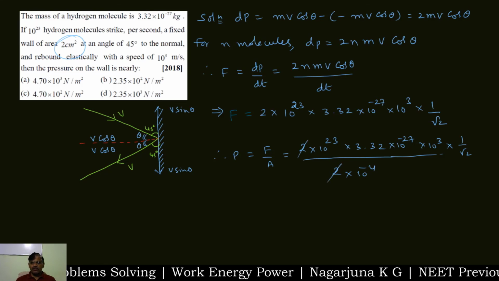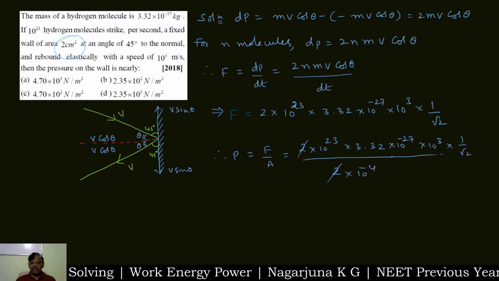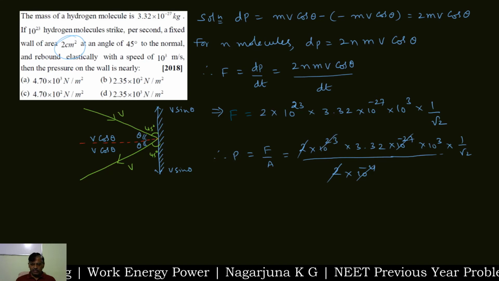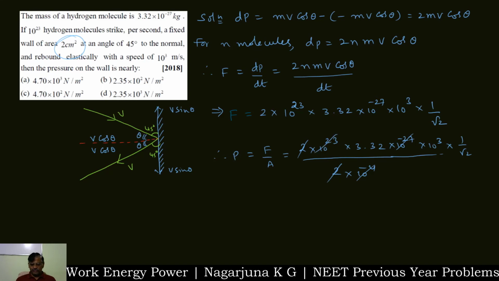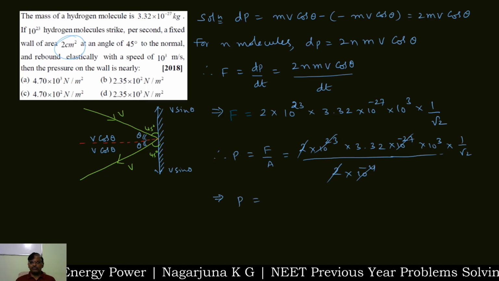So 2 cancel. Now 10 power minus 4 here, and 10 power minus 27 is in the denominator, so it becomes 10 power minus 23 plus 23 cancel. So 10 cube remaining.